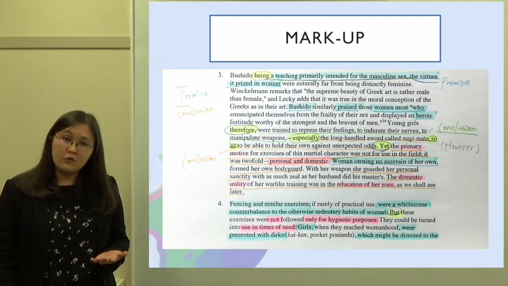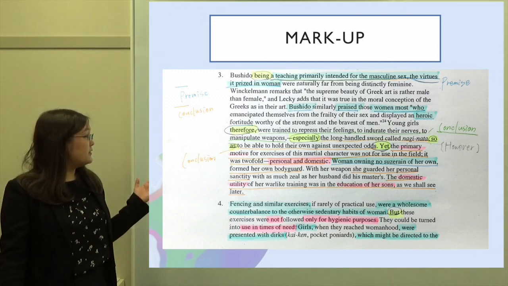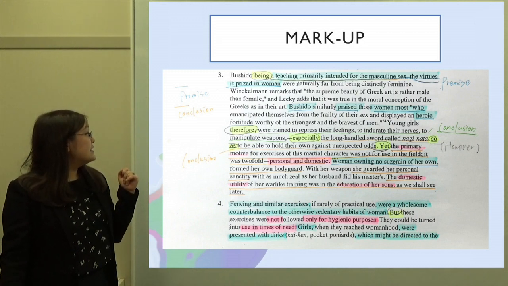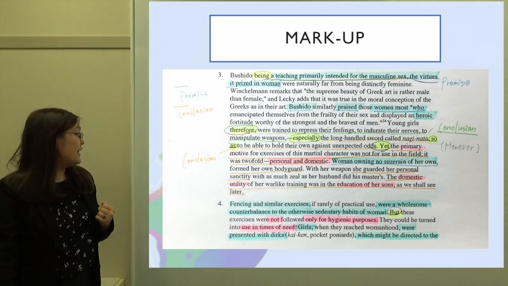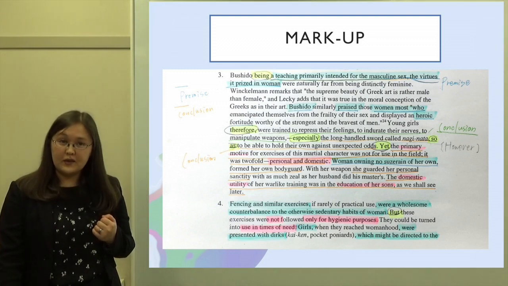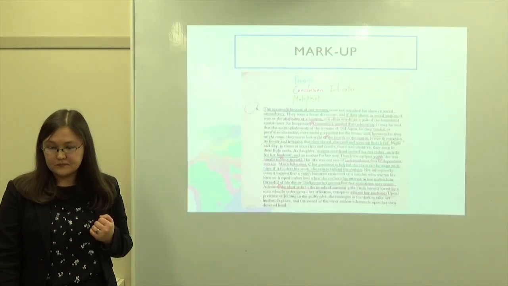But please feel free to use the style that works best for you. You need more than one color, but you can use the colors that you like. Here we have the indicator words in yellow, and we have underlining in different colors, and we have blue and pink to indicate the premises and the conclusions.